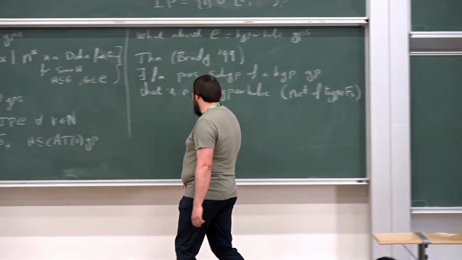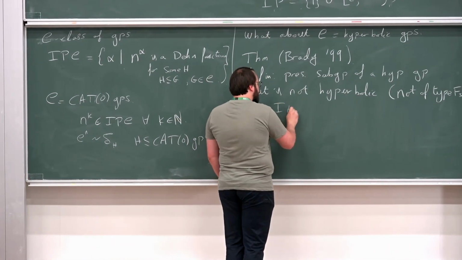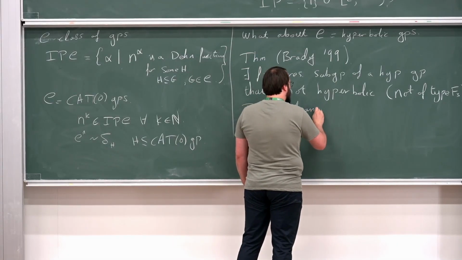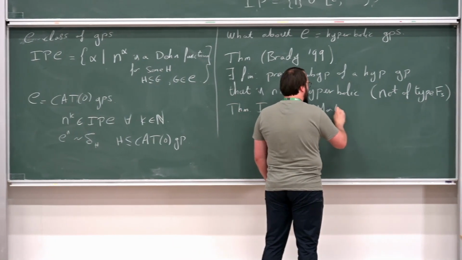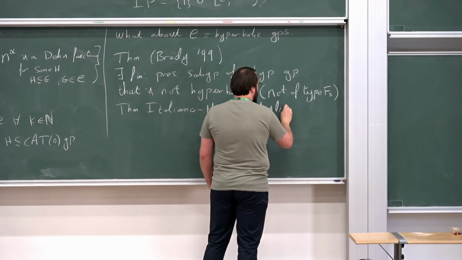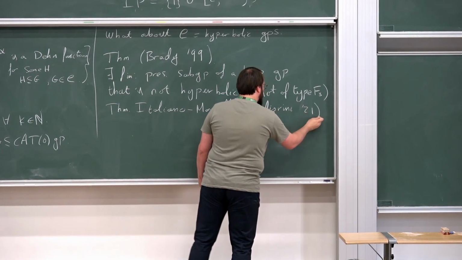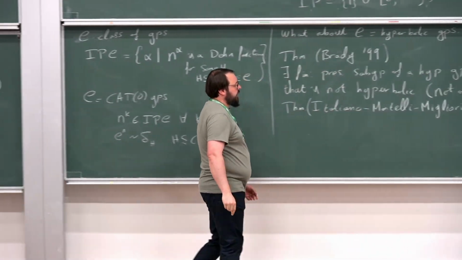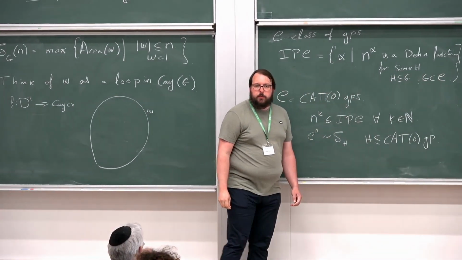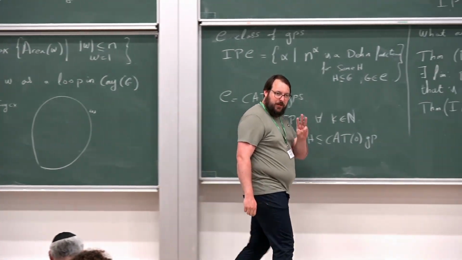So I want to say 2 results. So it's the theorem of Italiano, Martelli, and Migliorini from, well, in my mind it's 21, but probably the published date is different. I can look it up and find, Giovanni, 23?